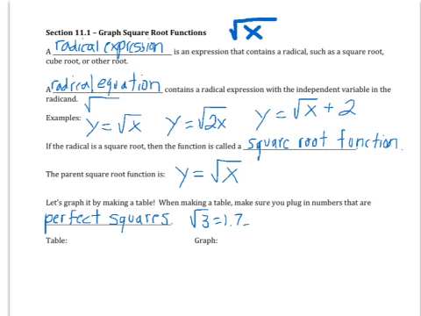But it would be easy to plug in a 4 because we know the square root of 4 is 2. For square root functions, we don't need the plus or minus. I know that we talked a lot about that last chapter, and I'll show you why in a little bit. But we only need to use the positive values.